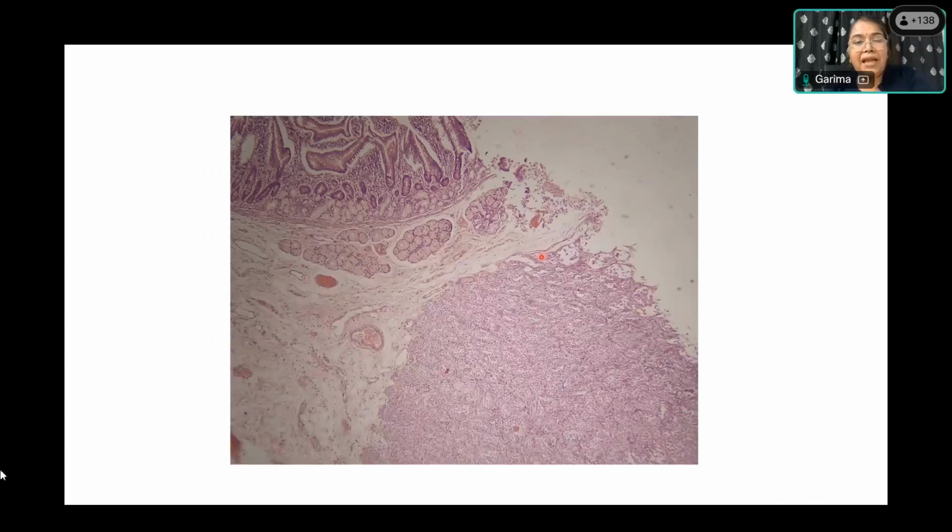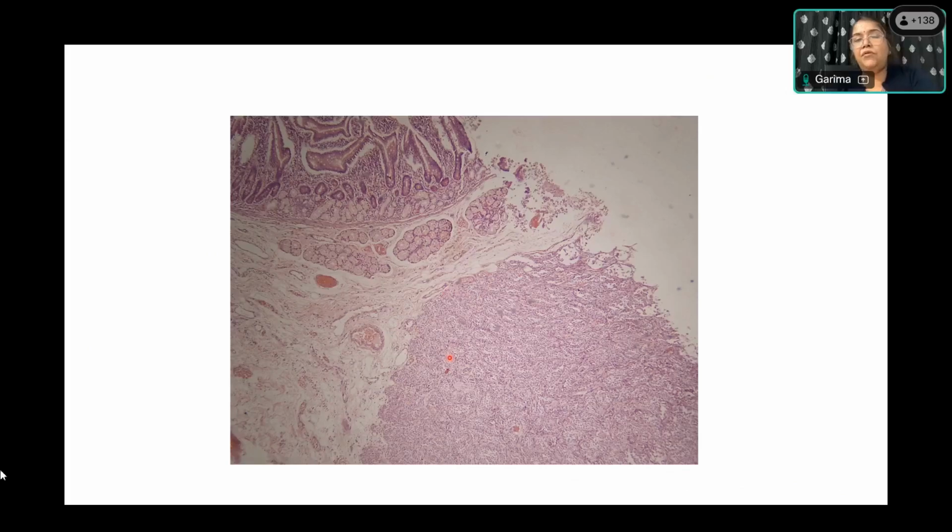Another thing I'd like to show you, what organ is this? This is from the Whipple's only. We took a section from duodenum. These are Brunner's glands. Again, you are seeing a tumor nodule in the submucosa.